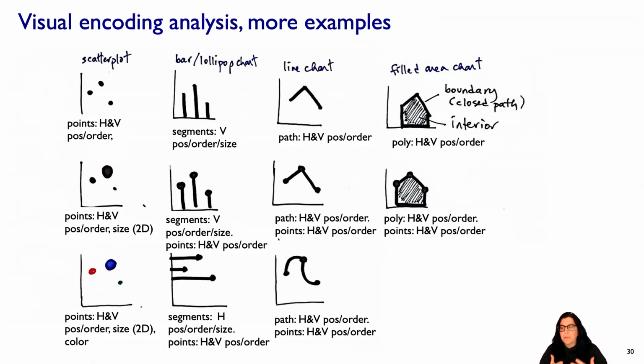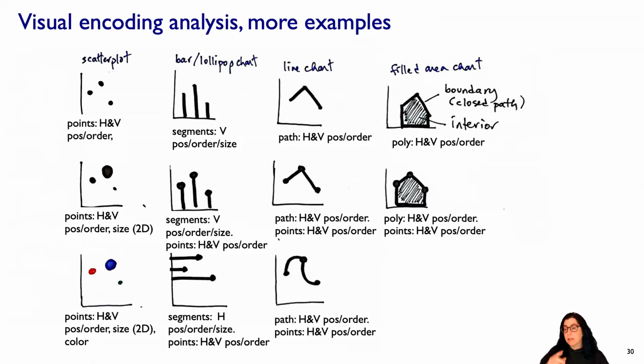And now, of course, obviously what that's doing is it's drawing your attention either to the horizontal or to the vertical, much more so than with the scatter plot, where with just the points and no lines, you are much more likely to attend to both of those values at once. Whereas with the bars or the lollipops, you're really focusing much more on one aspect of the data, horizontal or vertical.